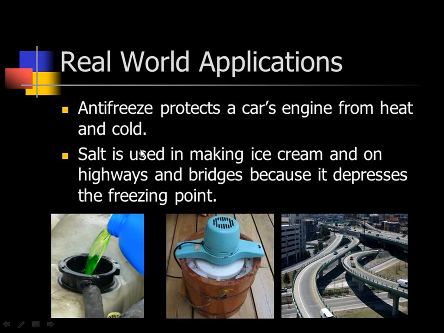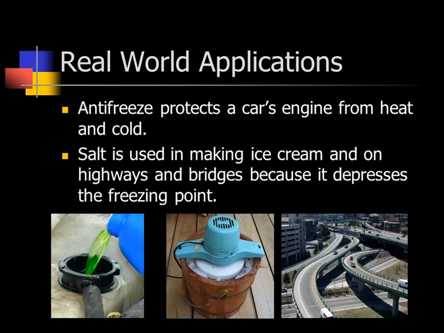Now the real life examples of depression in freezing point: we use coolants in radiators of automobiles, just to cool down the system and to decrease its freezing point, because worldwide we have places where the temperature is lower than 0 degrees Celsius. In those places you can see that vehicles move.